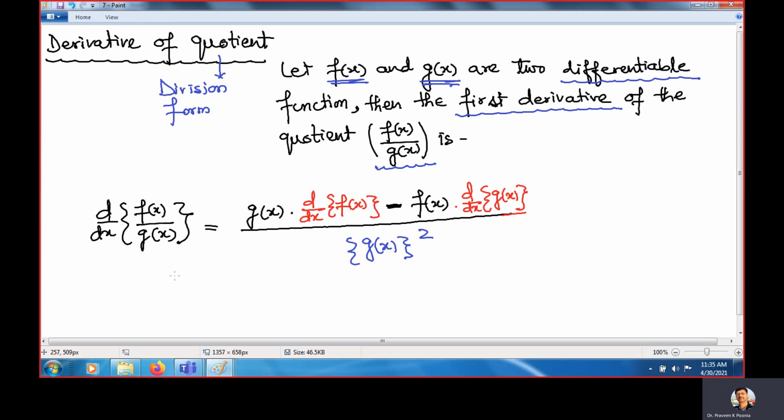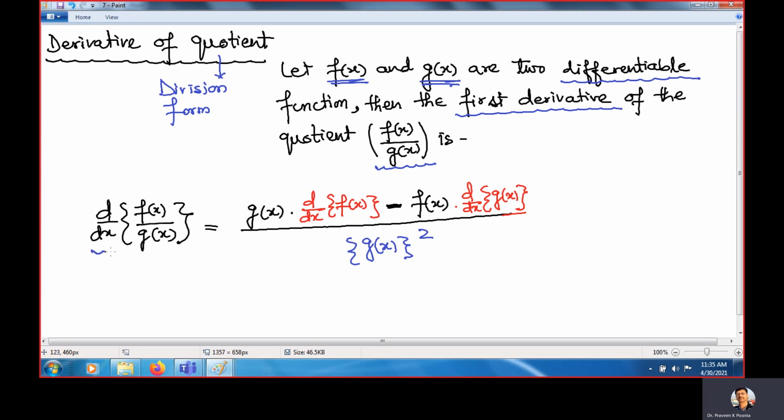This is a little difficult, but you need to learn this formula because there will be a 2-3 marks question over that formula in homework assignment, in quiz 2, in final exam, everywhere you will get. So you need to practice it.